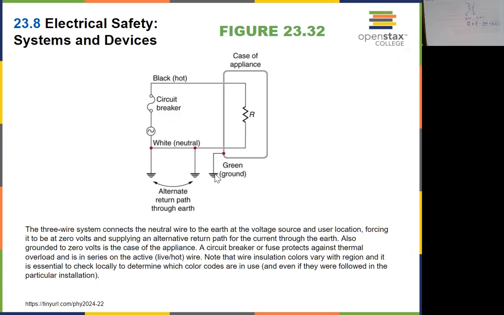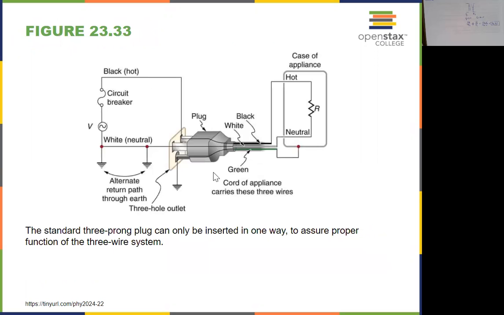In case there's a breakage over here, the voltage may be in contact with the outside case of the appliance. Because the outside case is grounded through the power cord, the current will go to the ground instead of going through your body. This is what a ground line looks like, the green line that is connected to the outside case of the appliance.